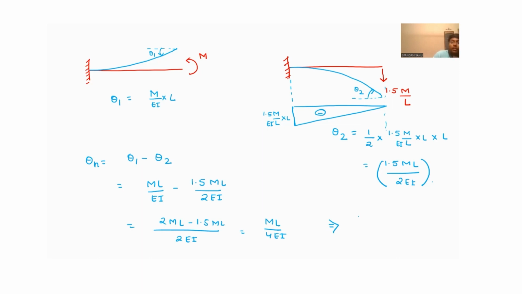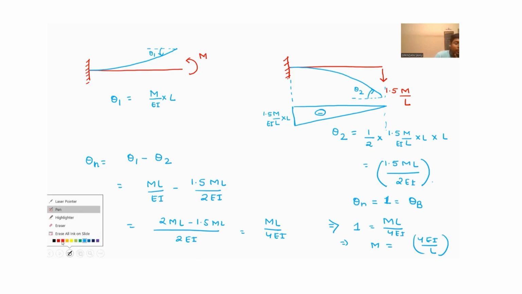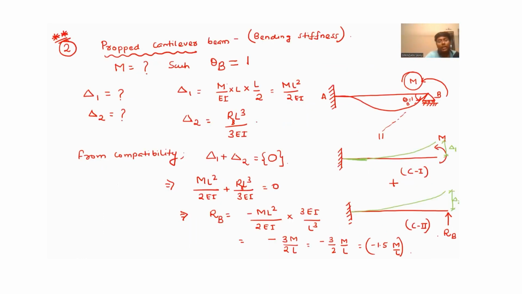Now, for stiffness, what should be our theta net value? Theta net will be equal to theta B, unity. So put 1 equal to ml by 4 EI. So from here, you are getting M equal to 4 EI upon L. These are all standard results.